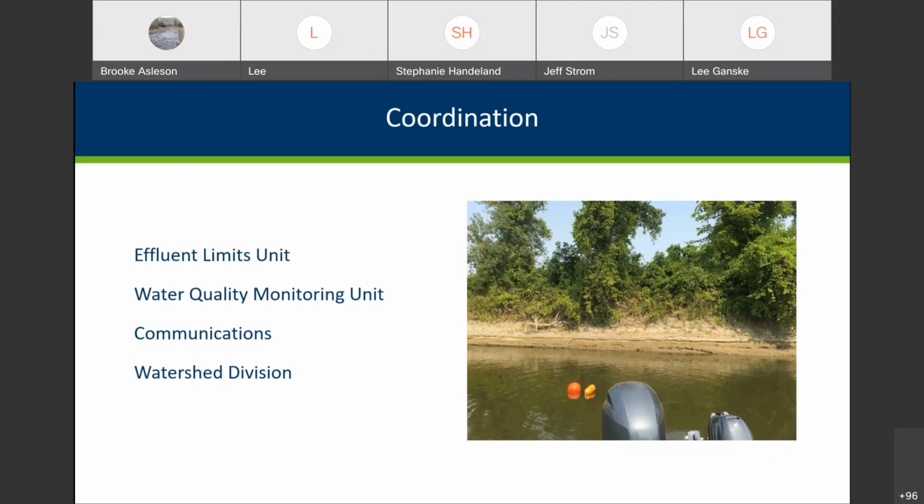And then ultimately the effluent limit unit, who's interested in the data, is synthesizing the results as we speak and coming up with finer conclusions of understanding the phosphorus, chlorophyll, and low dissolved oxygen interactions for this portion of river specifically.